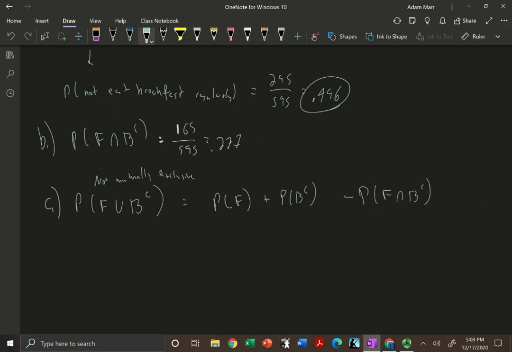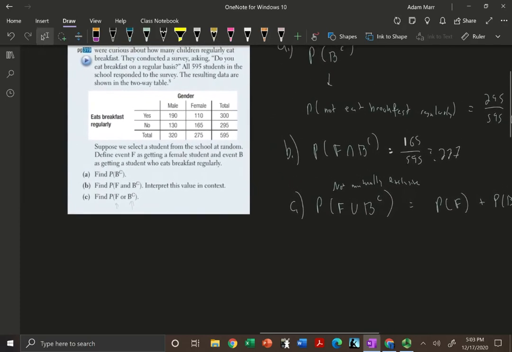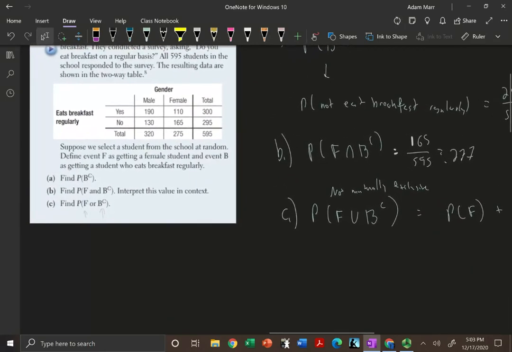Now, this is a chart, right? So we don't really have to use the formula right here. We can just look at the chart. Female right here looks like we have a total of 275, right? And it's out of a total of 595, so 275.